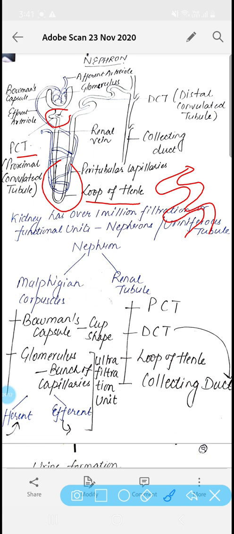It is the middle part. After that, again the wider area comes and the convoluted part starts appearing. This convoluted part is the distal convoluted tubule, the later part. Now this distal convoluted tubule opens into a specialized tube called the collecting duct.